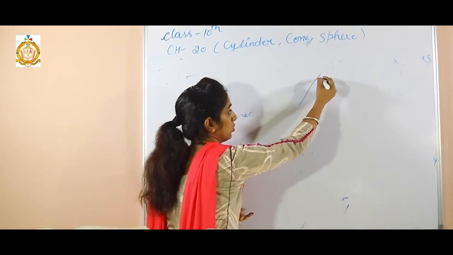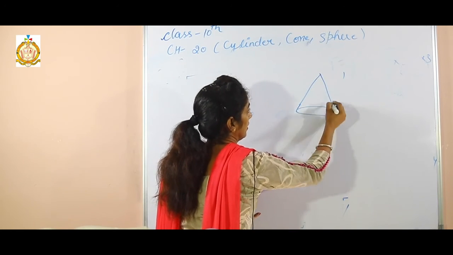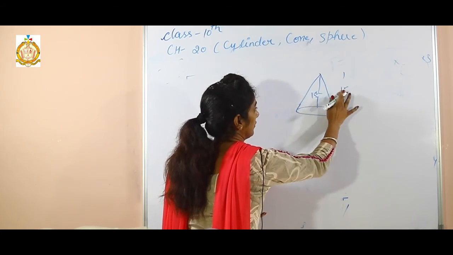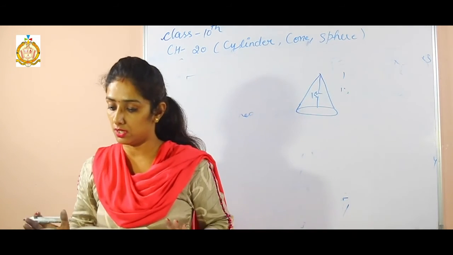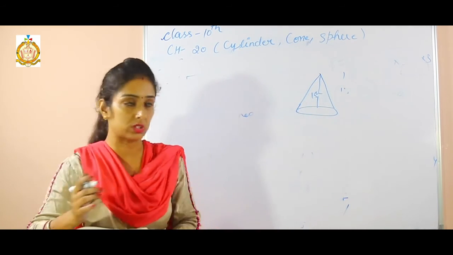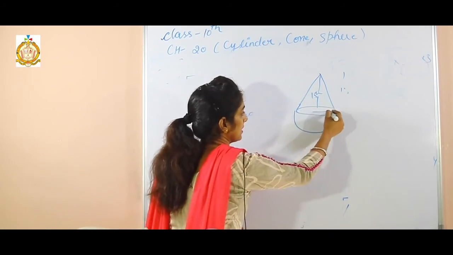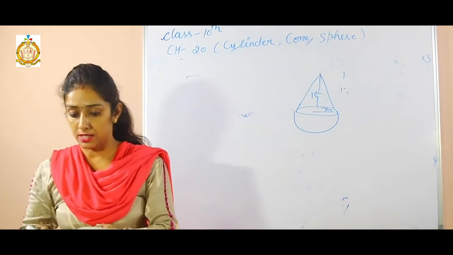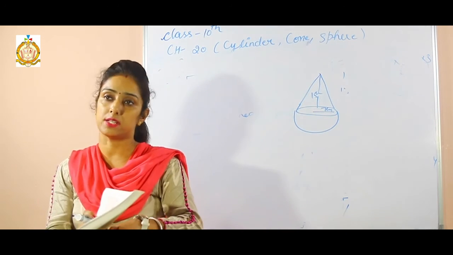So there is a cone, its height is 15 centimeter, and diameter 7 centimeter, mounted on a hemisphere. So there is another hemisphere, its diameter is 7 centimeter, a hemisphere of the same diameter. Determine the volume of the solid thus formed.